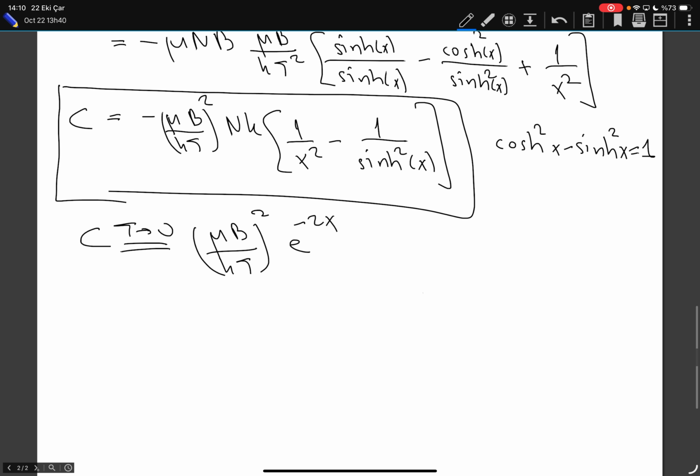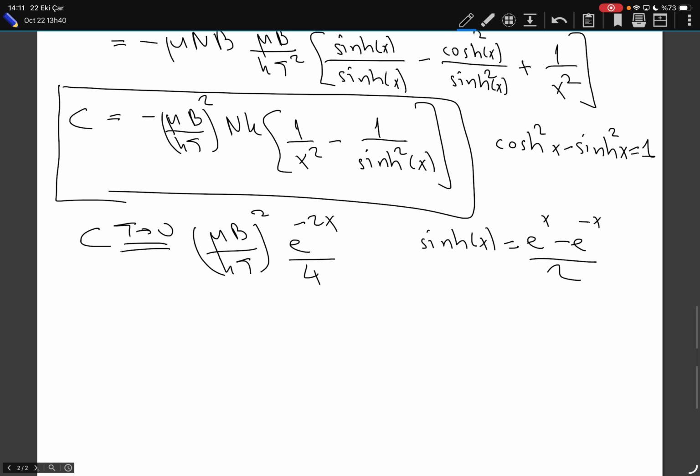Because remember, sine hyperbolic x is equal to e to the power x minus e to the power minus x over 2. When x is very large, the first term dominates, the second term is negligible. So sine hyperbolic x is just e to the power x over 2 for very large x, and I end up having this e to the power minus 2x over 4. And as expected, as t goes to 0, heat capacity goes to 0, as is dictated by the third law of thermodynamics.